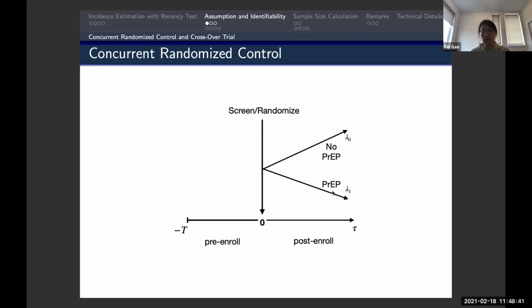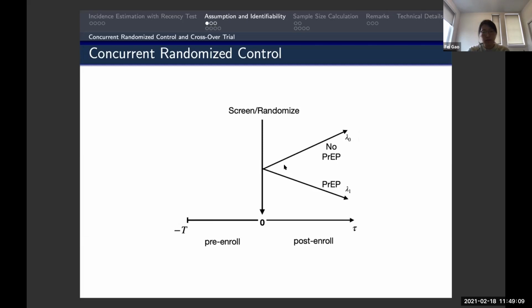One is this PrEP arm, where the subjects receive the active intervention, and we can have an estimate of lambda 1 hat. The other group will receive no PrEP, and the observed incidence in this arm will serve as an unbiased estimate, the gold standard, for estimating lambda 0. However, as I've said before, this trial may not be ethical or feasible to conduct.